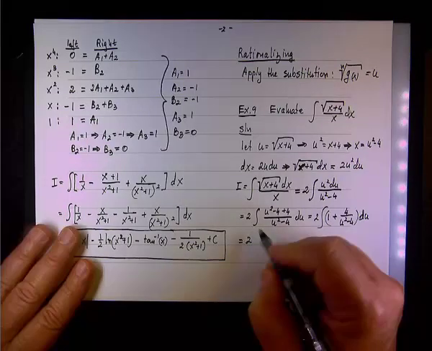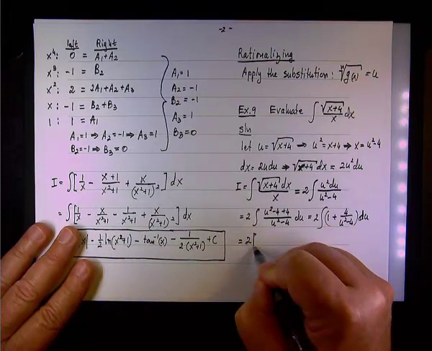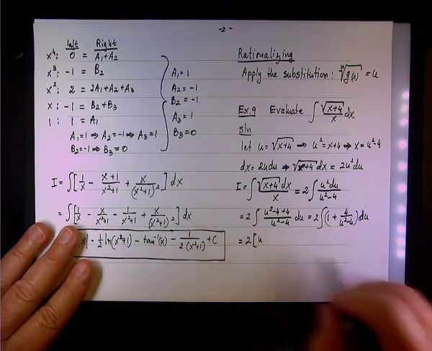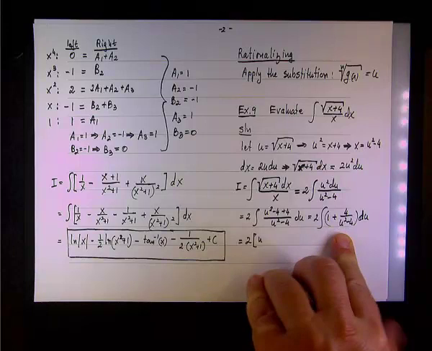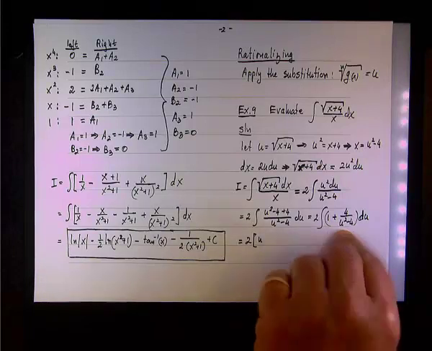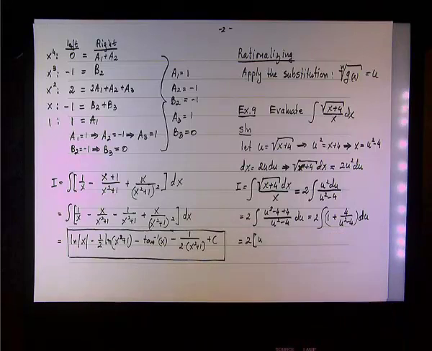And now we're ready to integrate. We have 2 outside everything, and of course we have u. And what the heck is this integral? We have seen this before. If you have x squared minus a squared, you have a shortcut.